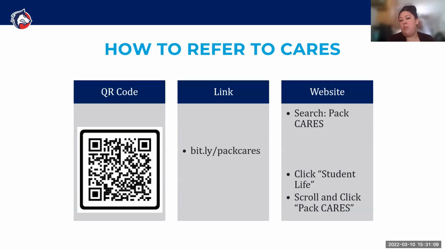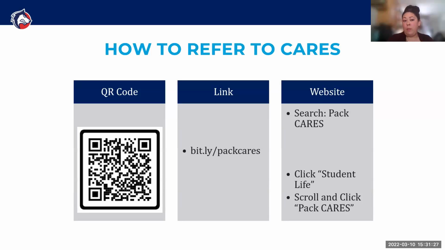How you're going to submit a referral is I placed this QR code here. So if you want to take out your phone and scan it, it will take you directly to the page where you can submit a PatCares referral, or you can type in this link. You can go to the website, you can search for PatCares and it will pull up the page. There's a button there.